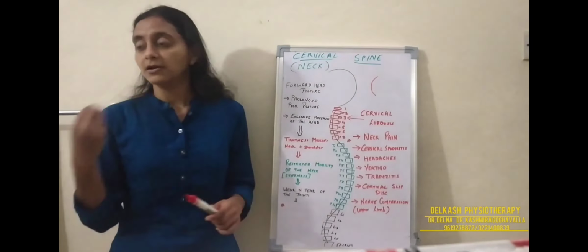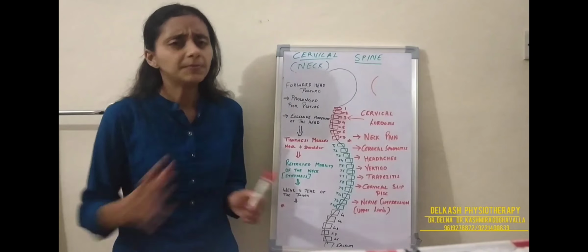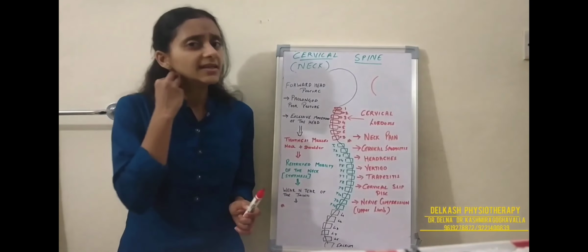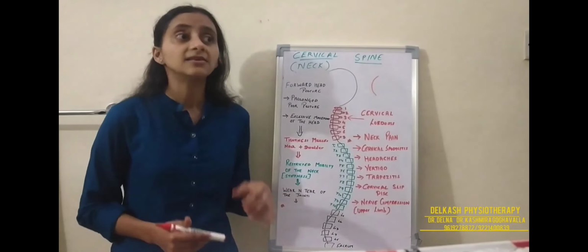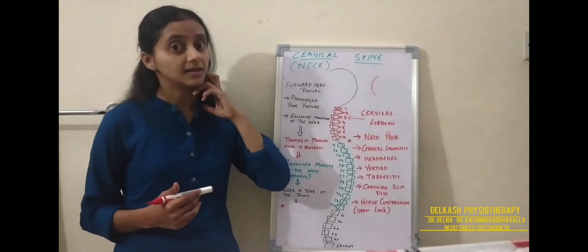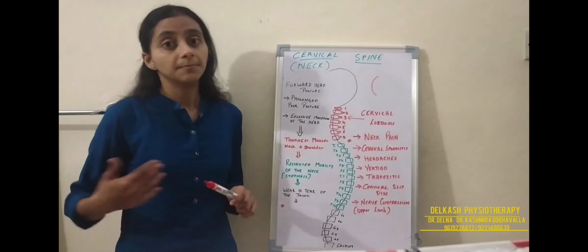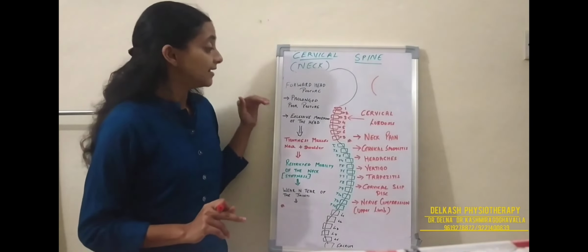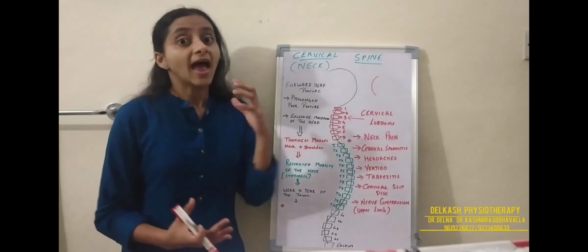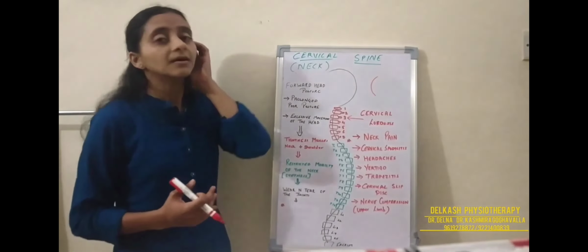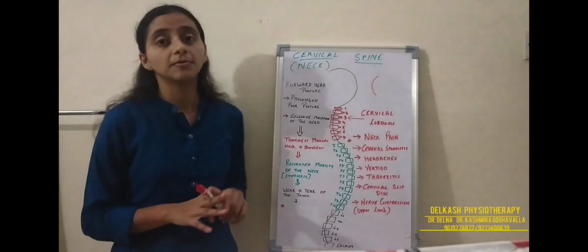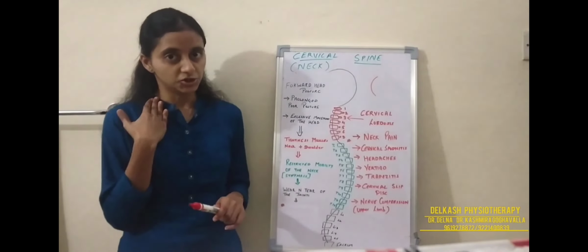Any particular activity is associated with some movement in the cervical spine, and hence there is excessive movement in the neck as compared to other body parts. Excessive movement and prolonged poor posture both give rise to tightness of the muscles in the neck region.